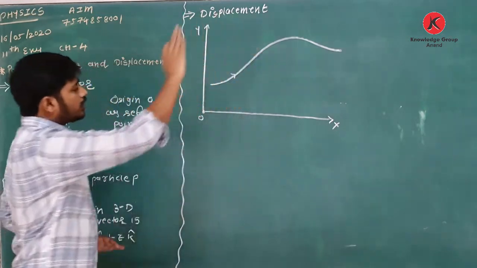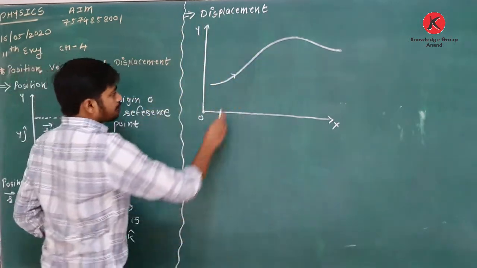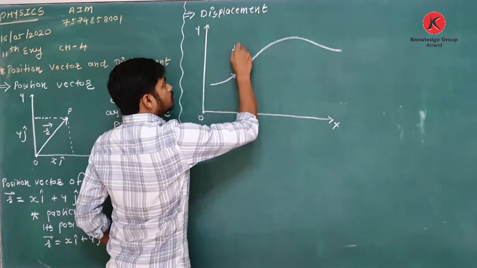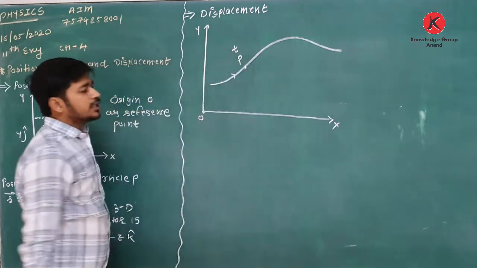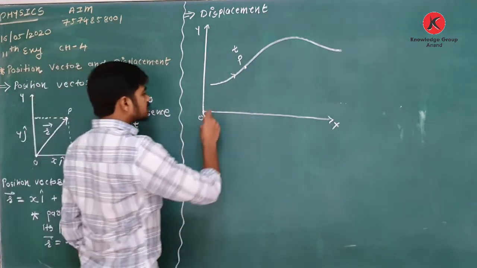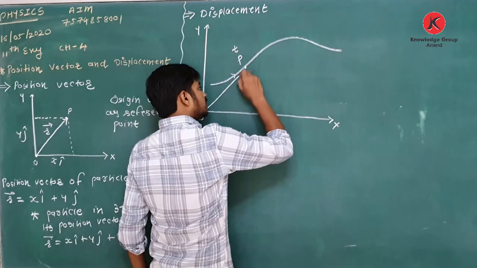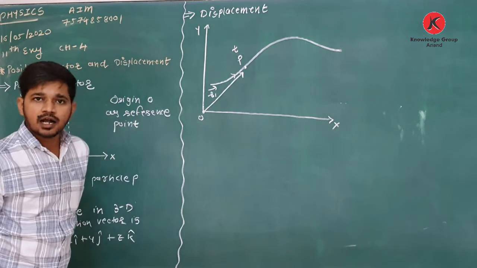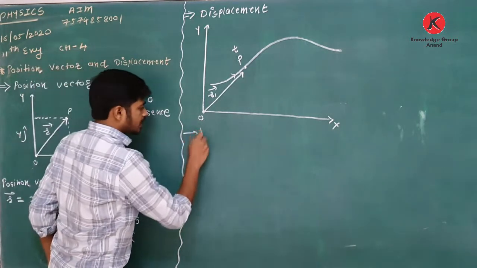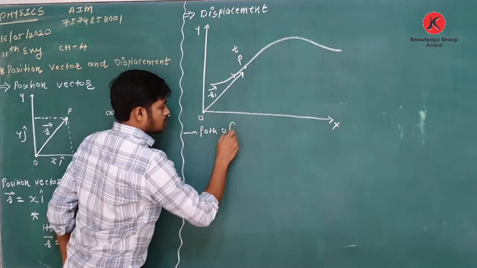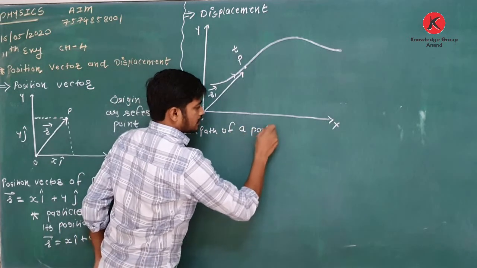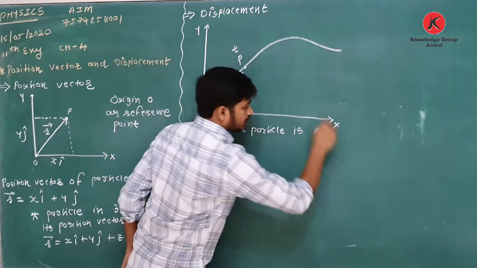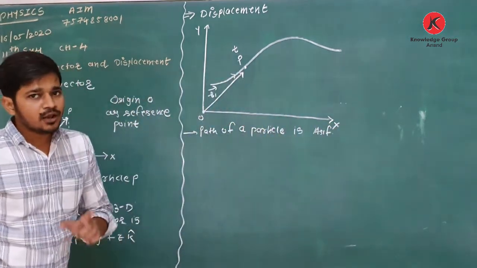Suppose at time t the particle is here at point P. Clear about this? Then what is its position vector? I will denote it by R1. For example, the path of the particle is as shown in the figure.